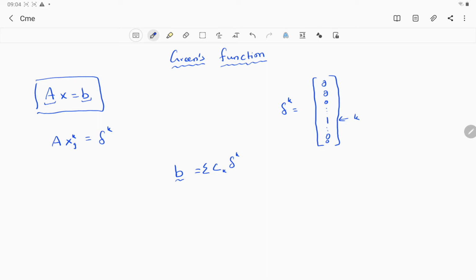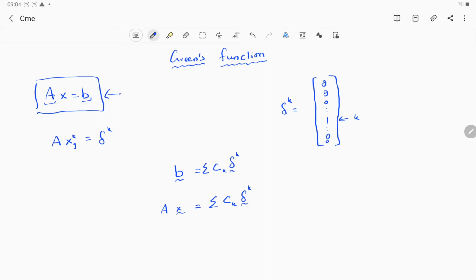Now what I am going to do is the following. If this is the case, then in the place of b I could put Ax, right, this equation. So Ax is equal to summation of ck del k, where del k is a vector.